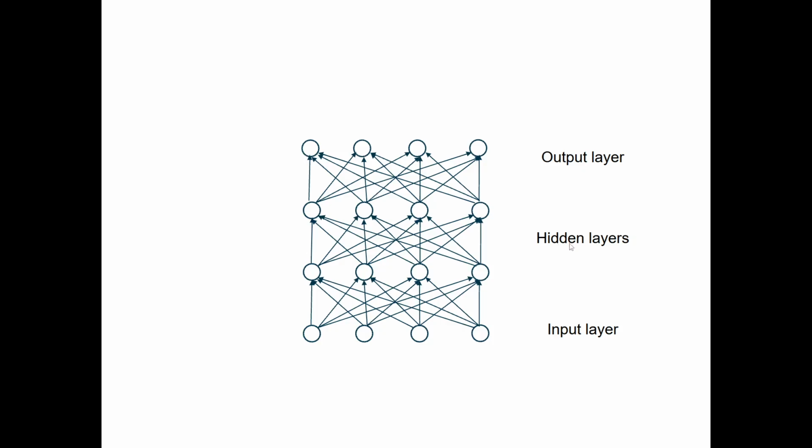So in a large model, that can be several hundreds of layers like this, or sometimes in small models there are just 2 or 3 layers. And within each layer there are several neurons. Here we have the same number of neurons in each layer, but it can be different numbers. And there can be several thousands or several hundred thousands of neurons in each layer.